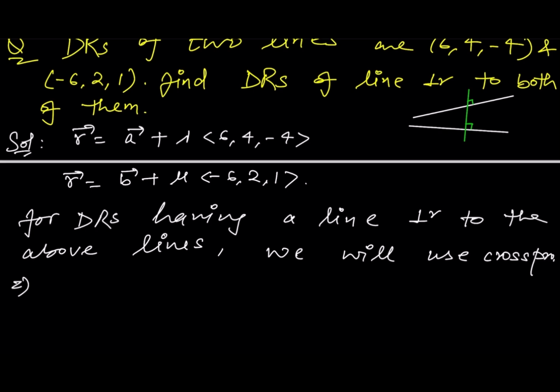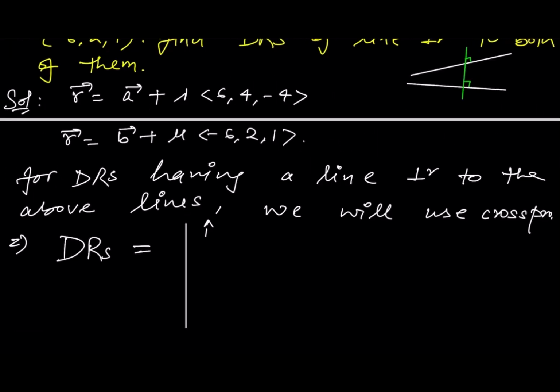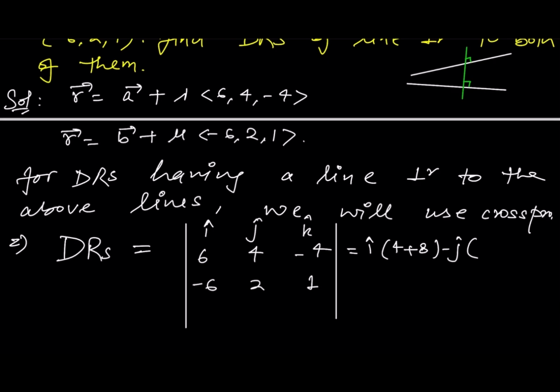So for DRs I am writing this determinant: i, j, k; 6, 4, minus 4; minus 6, 2, 1. So i cap times 4 plus 8, minus j cap times 6 minus 6 into 4 is 24, plus k cap times 12 plus 6 into 4 is 24.